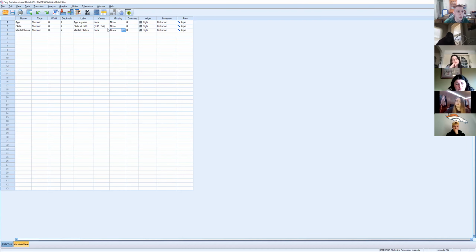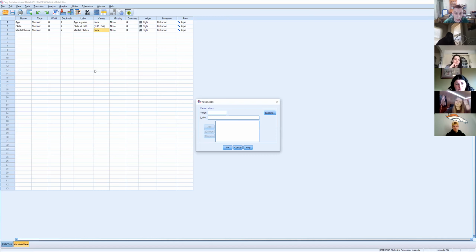Here is what's called the value labels, and this is where we need to come up with numbers associated with our nominal variable. So we'll say 1 is equal to married, and I'll put that in and add.